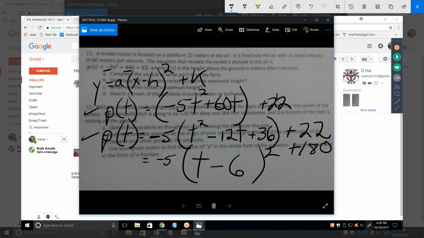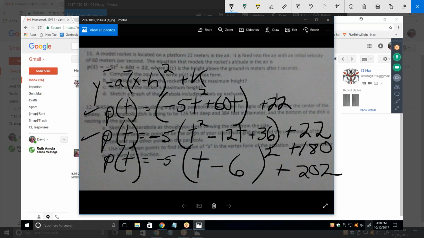If I square t minus 6, I get what I had above it. And then combine the two constants, and I got 202. So again, my bottom row is the same as my starting row.